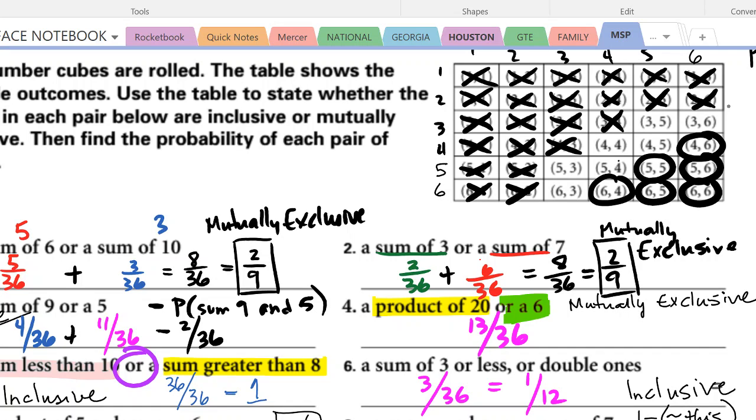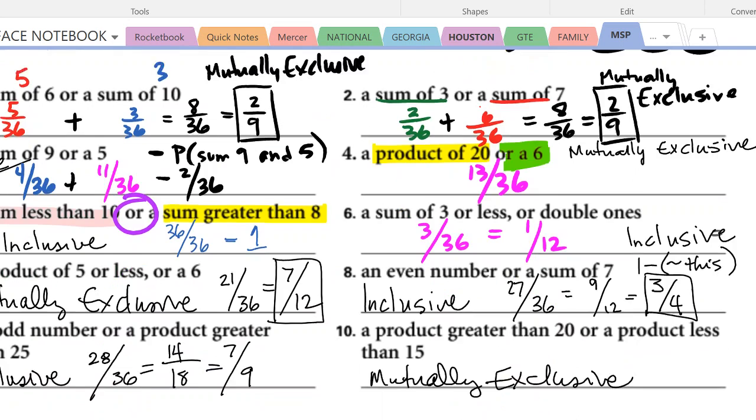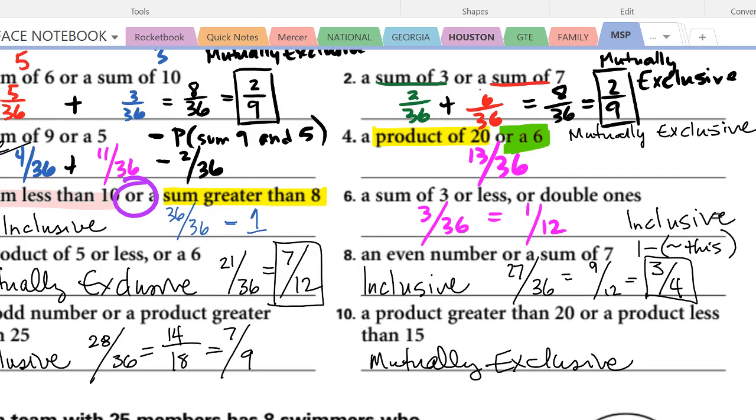All right, so if you look at these, those are mutually exclusive because there is no overlap at all. And out of 36, it looks like I've circled or X'd all but 1, 2, 3, 4, 5, 6, 7. So 36 minus 7 would be 29 out of the 36 total.